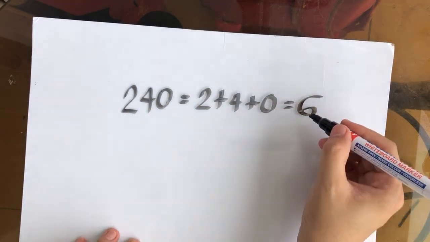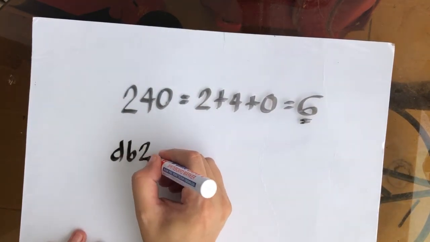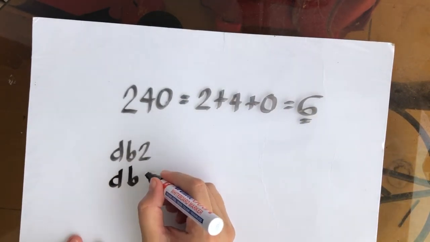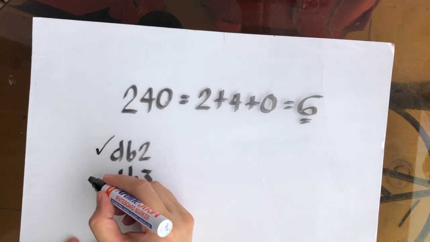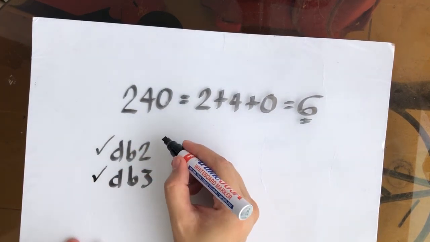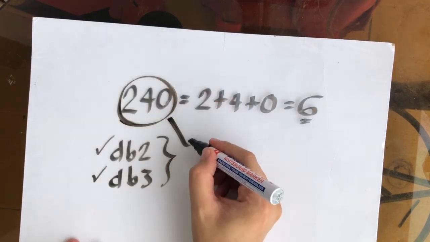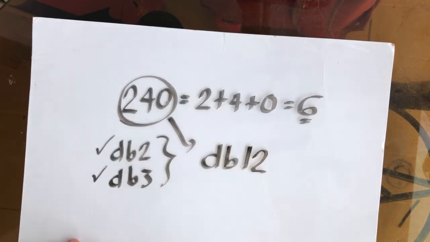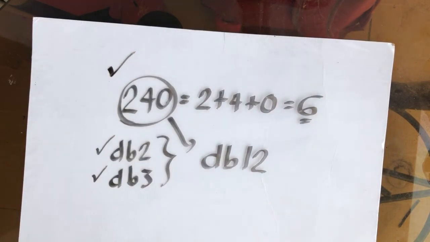Okay? So, siya ay 6. Yes, divisible by 2. At siya ay 6. Yes, still divisible by 3. Kung siya ay divisible by 2, and at the same time, divisible din by 3. Therefore, itong number na to is divisible by 12. Okay? So, tama. Divisible siya by 12.